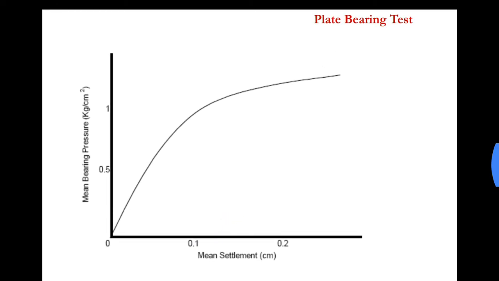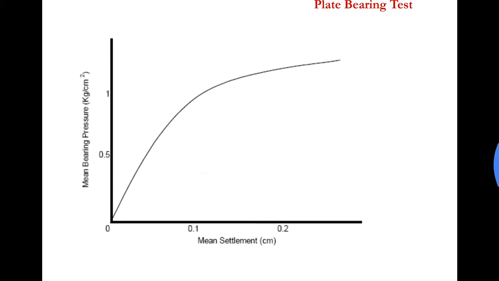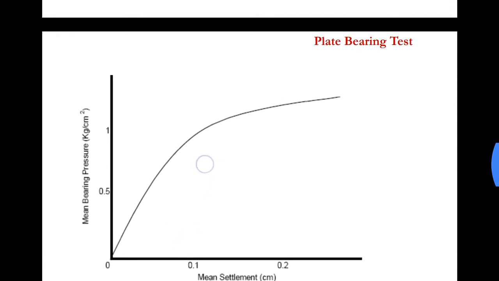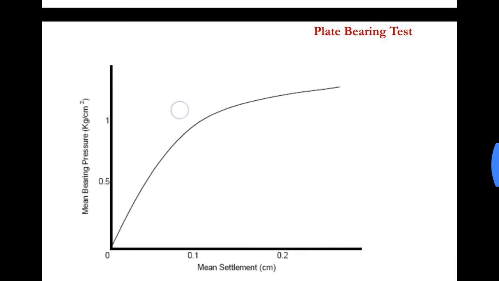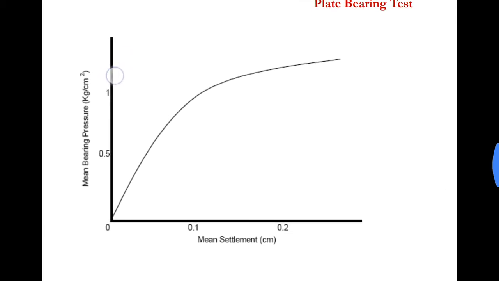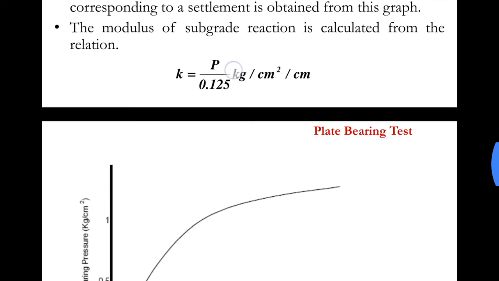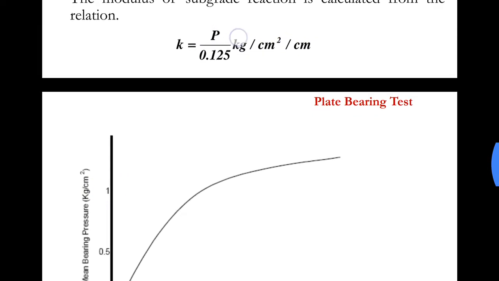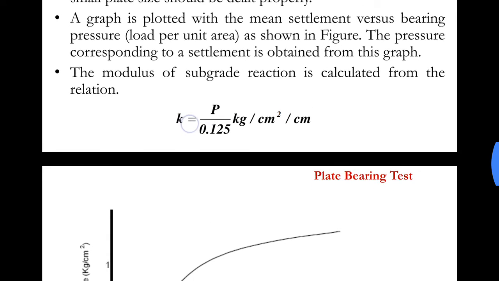At 0.125 settlement you can raise a vertical over here and it will cut the curve at a point, then continuing a horizontal from this point you will get a value on the y-axis. This is the value of capital P. So this capital P divided by 0.125 will give us the modulus of subgrade reaction.